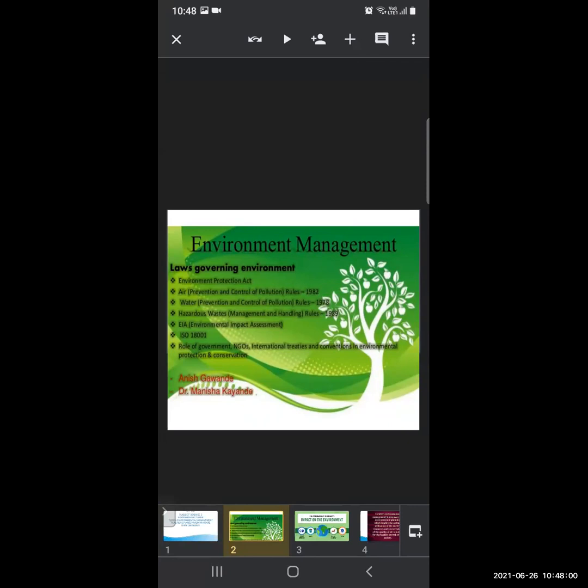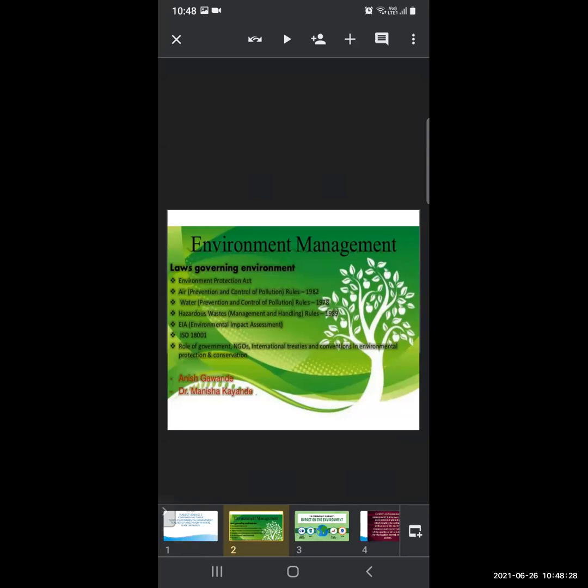First, we will see the laws governing the environment. Why is there a need for the laws? The Environment Protection Act and these are the various laws. It may be asked as fill in the blanks or match the columns. Then the Air Act, prevention and control of pollution rules, in 1982.